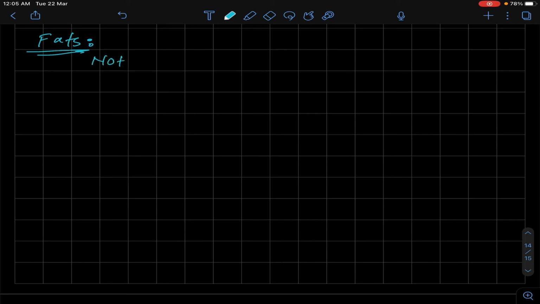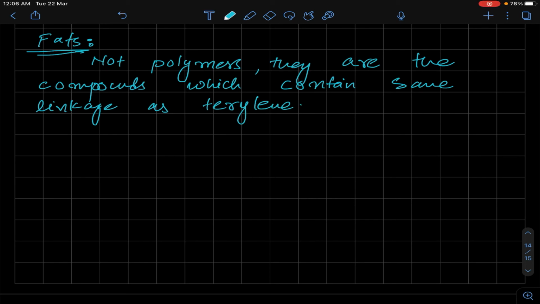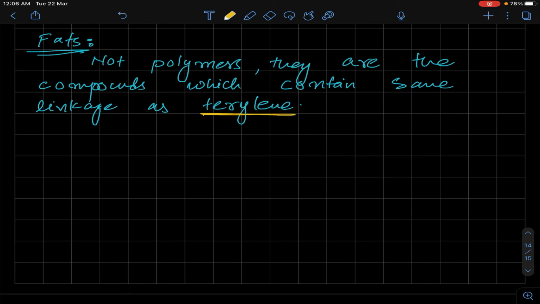Fats are not polymers, but they are organic compounds which contain the same linkage as terylene, right? So fats are basically made from alcohol and an acid, because they also contain the ester linkages. In terylene we have ester linkages, so that means fats also contain ester linkages. So they are large molecules which contain ester linkages.